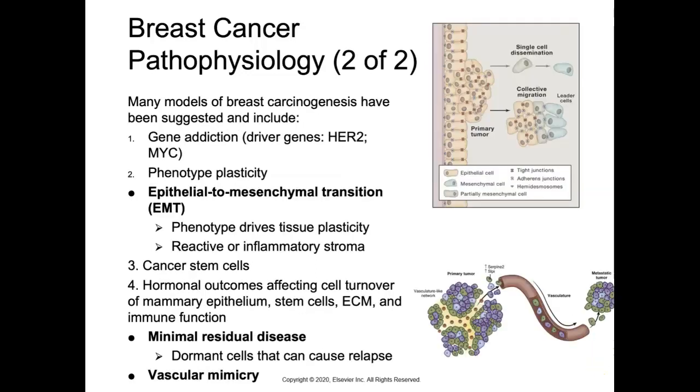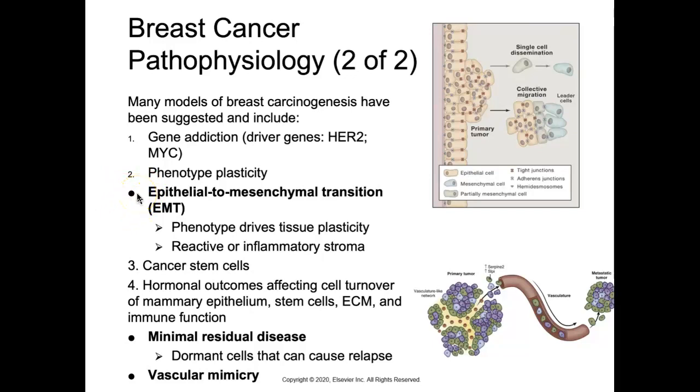There have been many models of breast carcinogenesis suggested, and they include gene addiction, where we have driver genes such as HER2 and MYC that play a role in the progression of cancer.